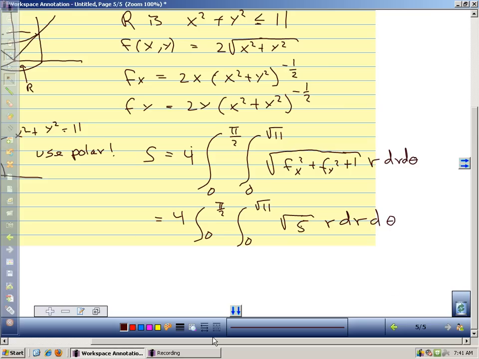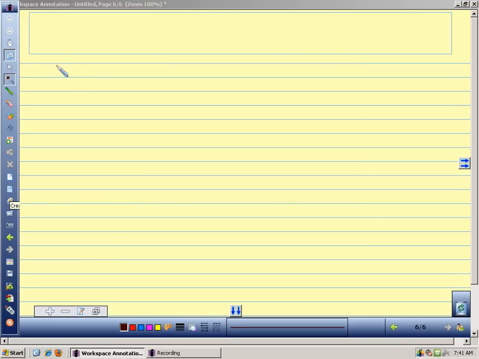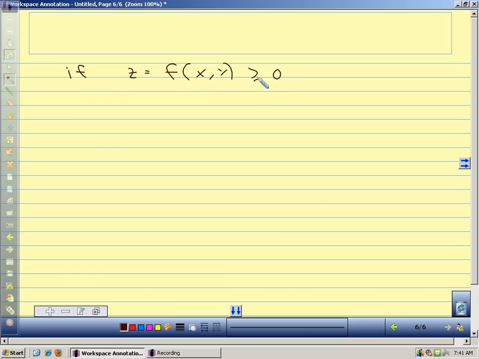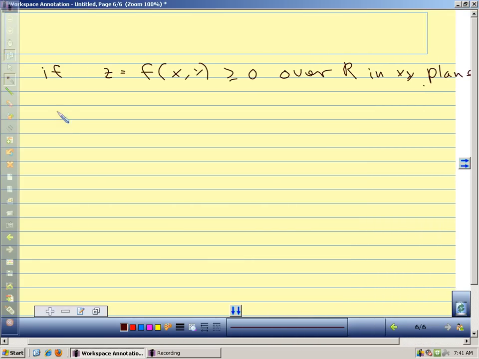All right, I have a couple of questions for you. If z equals f of xy, and this is greater than or equal to 0 over R in the xy plane, my first question is, is it possible for the surface area to equal the area of the region of that function?